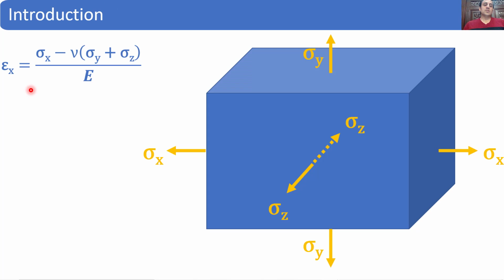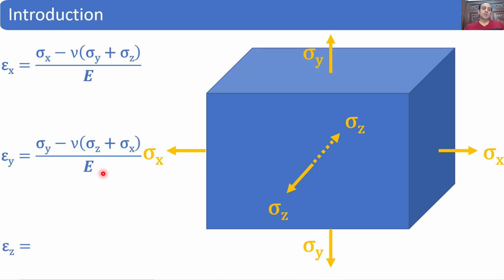Okay, so this x strain will be equal to sigma x minus nu sigma y plus sigma z over E. In the same way, we have epsilon y, which will be equal to sigma y minus nu sigma z plus sigma x over E, and we have the third component, epsilon z, which is equal to sigma z minus nu into the sum of sigma x and sigma y divided by E.